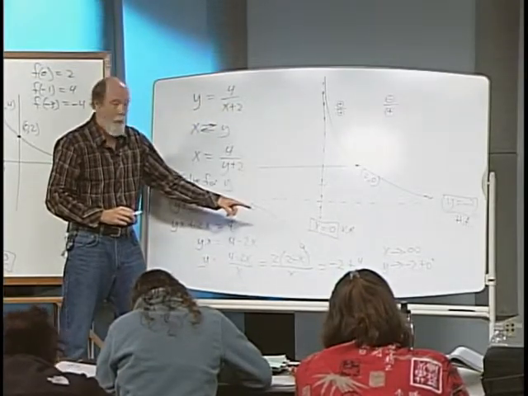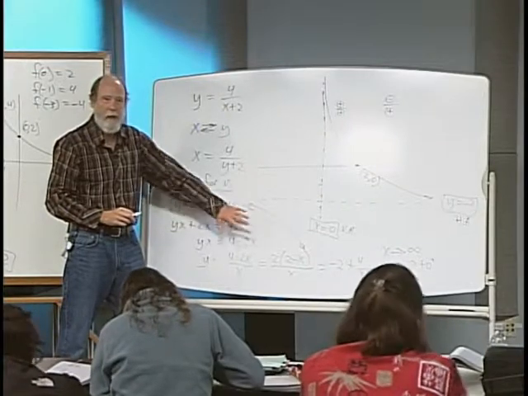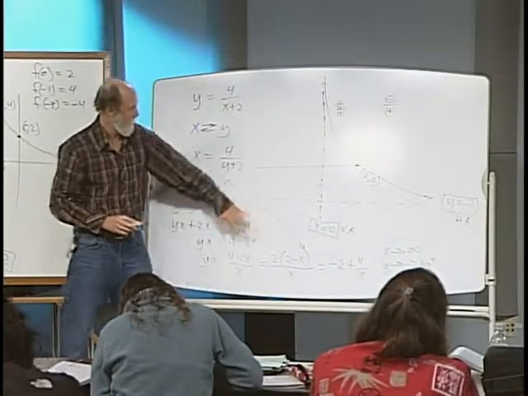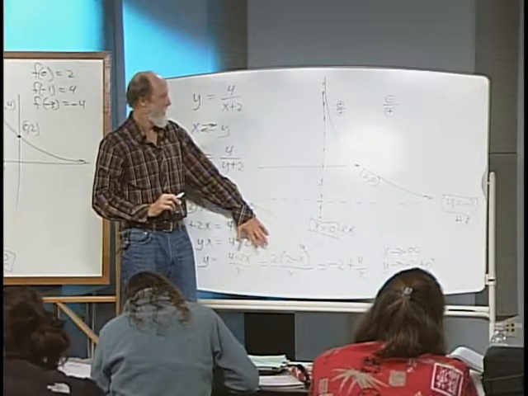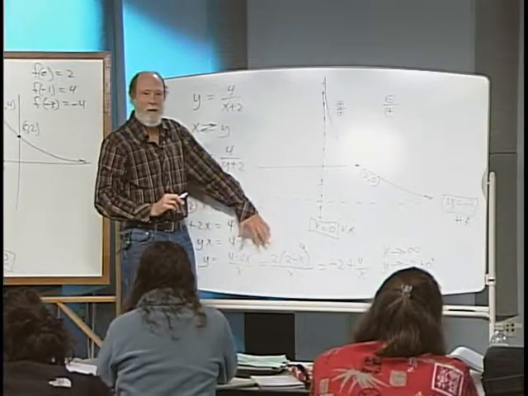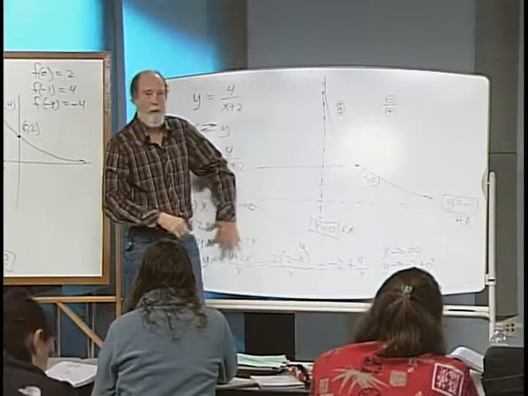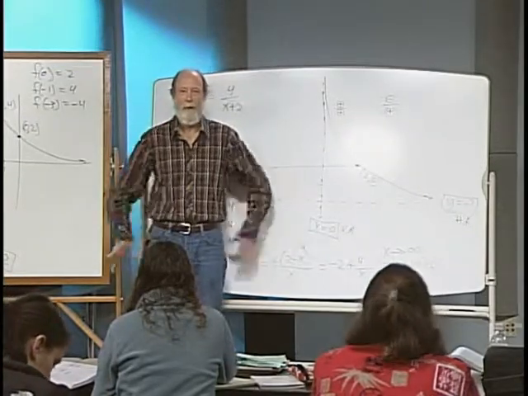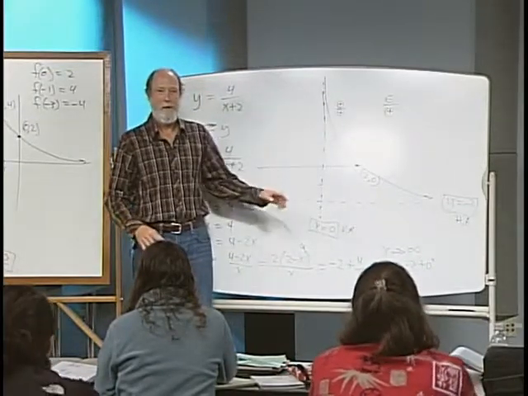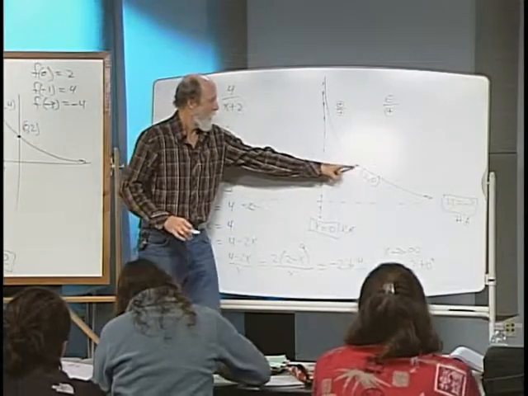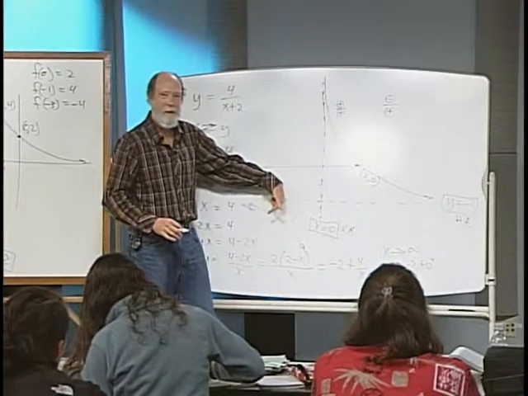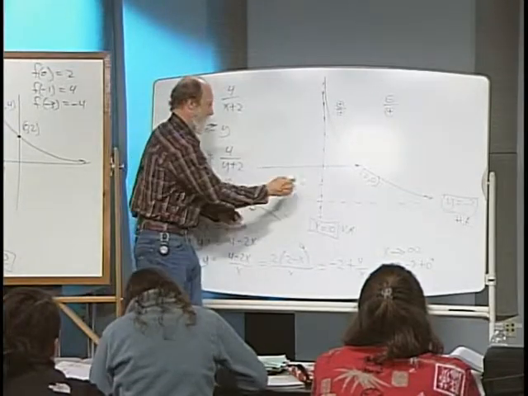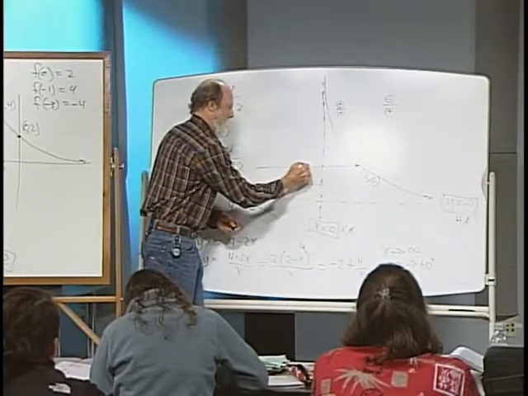Could you plot a point without having to do any algebra by even looking at the function, just looking at this picture we have? Could you help me? Put a negative number for x. I don't want to look at the equation. All I want to look at is this picture. So it's just the opposite. It's going to happen on the other side. Where's this point going to be over here? It's going to be 2 to the left of the vertical asymptote, isn't it?